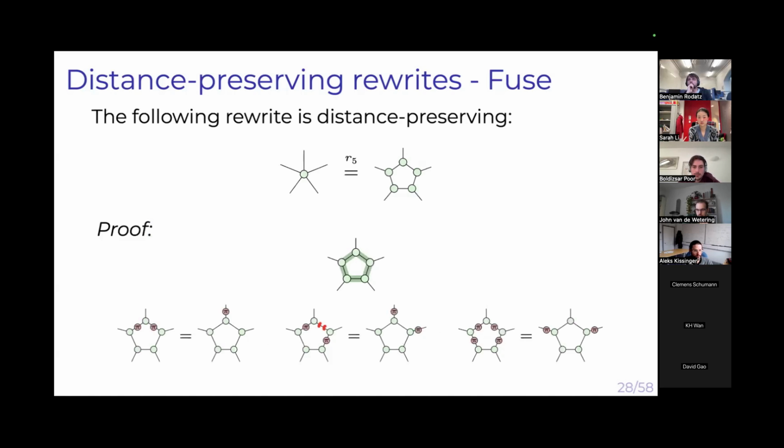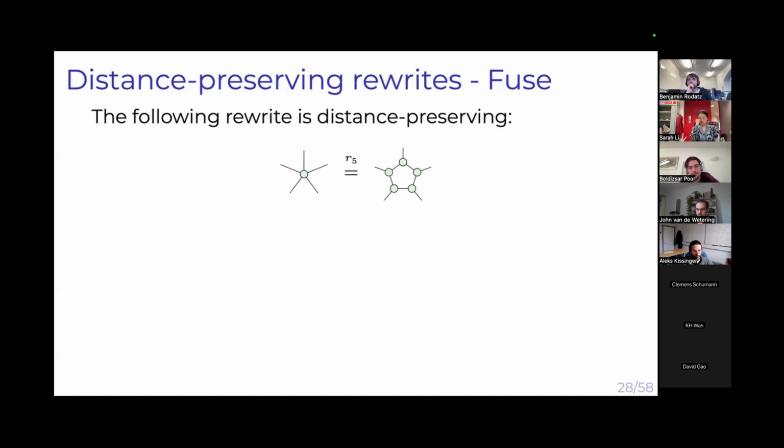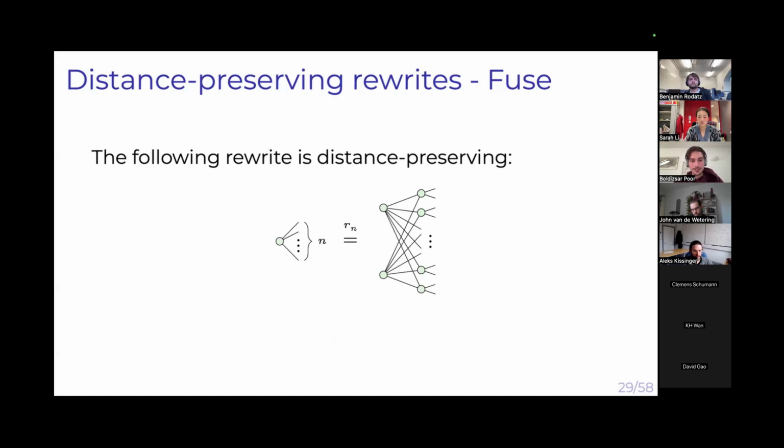And so we have kind of seen that we can do this for R5, so rewrite on 5-legged spiders. We can also do it in 4-legged spiders. And it turns out we can do it on even and odd-legged spiders from 5. So this is, for example, an even number of outputs.